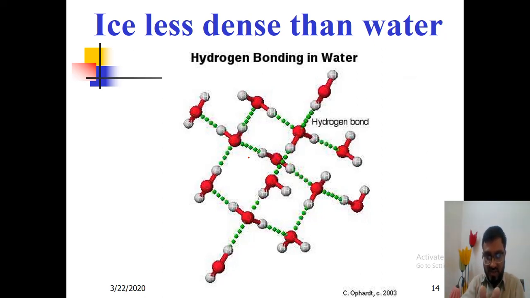But in water, it expands and the molecules go apart from each other. So this creates void space that is responsible for increased volume.